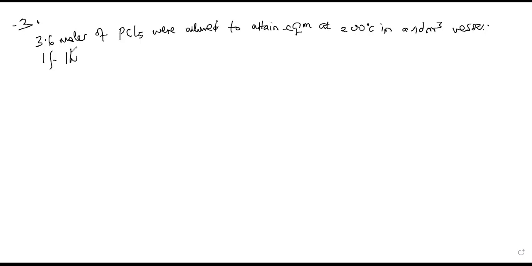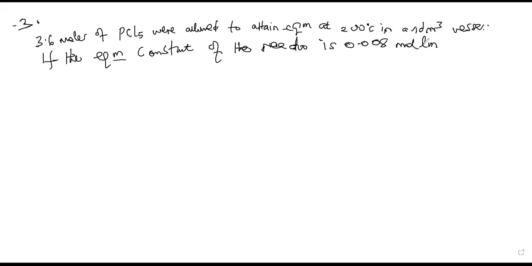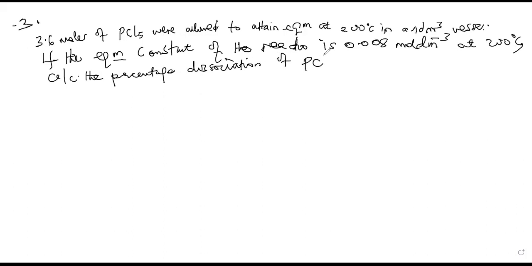If the equilibrium constant of the reaction is 0.08 moles per decimeter cubed at 200 degrees Celsius, calculate the percentage dissociation of phosphorus pentachloride at equilibrium.